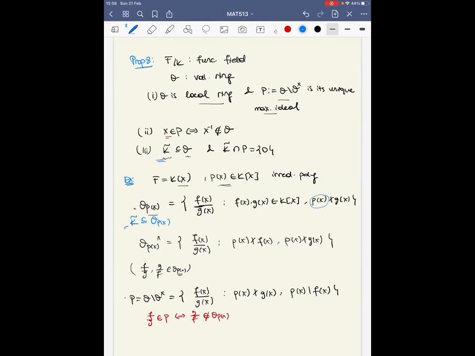In this case, we have k tilde equal to k from the first lecture, and the non-zero constants cannot be divisible by an irreducible polynomial. And similarly, with the same argument, there is no algebraic element inside of P.